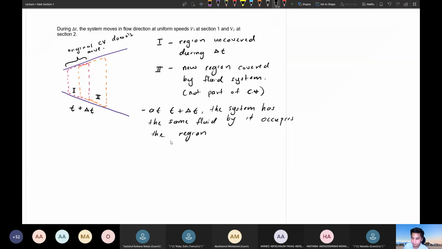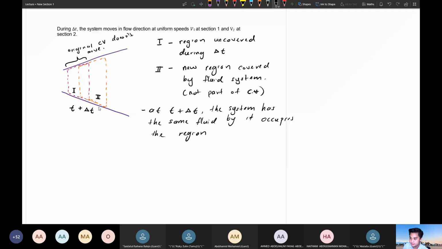Okay, so can you see at t plus delta t, after a few seconds, this is the initial. Okay, this is after the time, the system has the same fluid. Alright, remember it is guided by the boundary condition. It is moved from one position to another, but it occupies the new region.